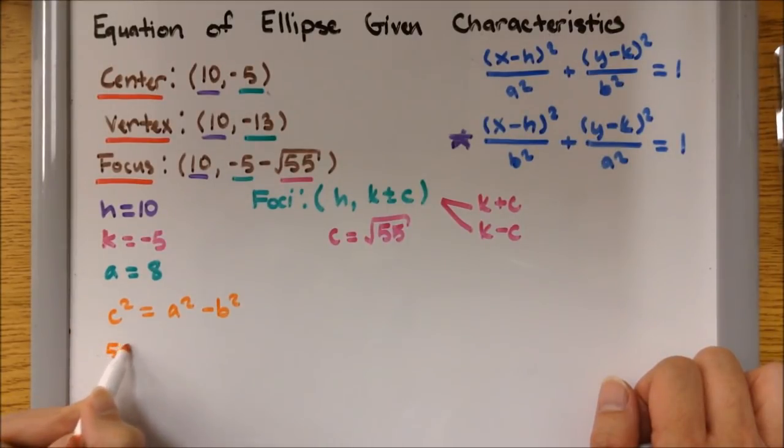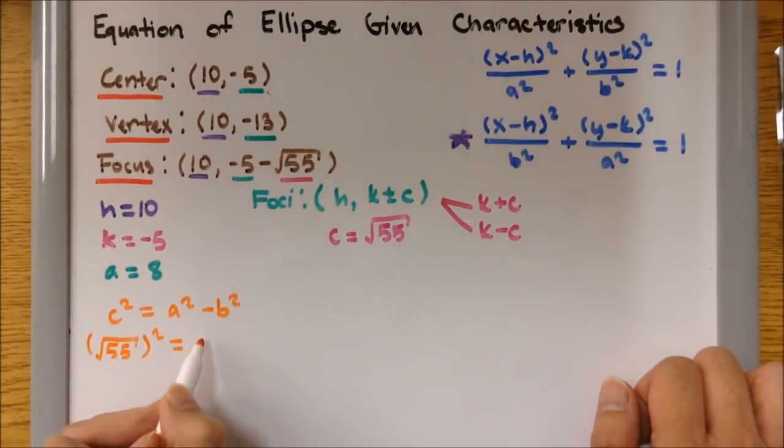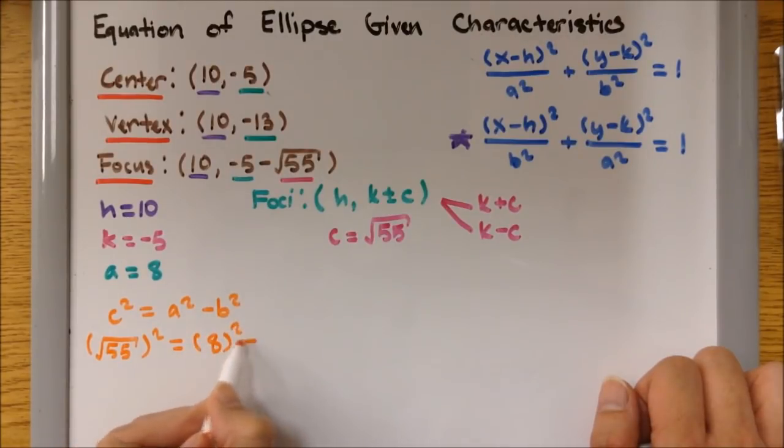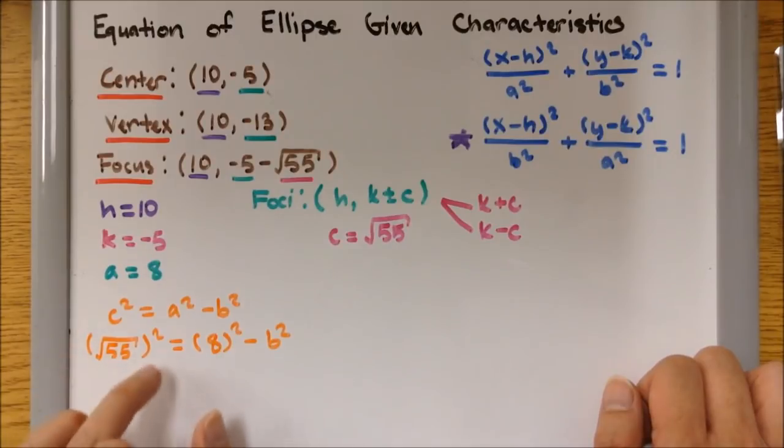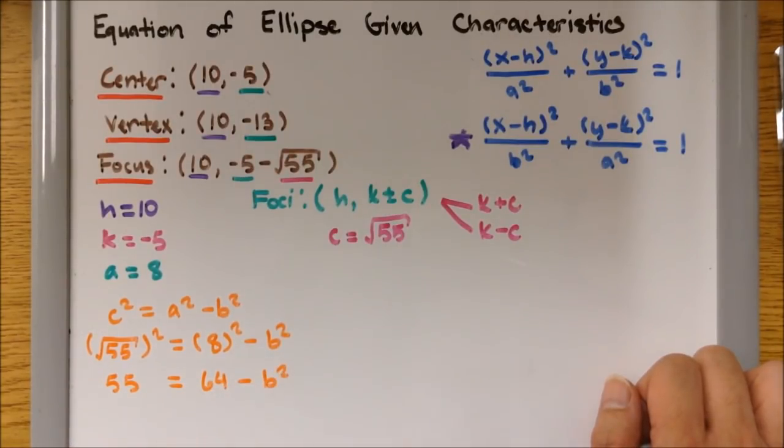So I'm going to put the square root of 55, I'll plug in the value of a, which is 8, with the square, minus b squared. So the square of the square root of 55 will become 55, equal 8 squared will be 64, minus b squared.